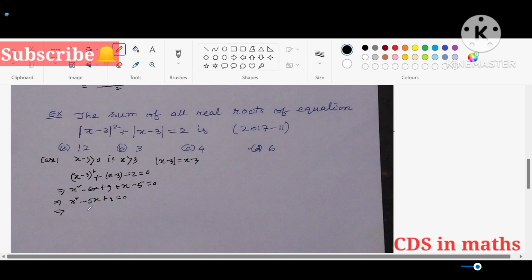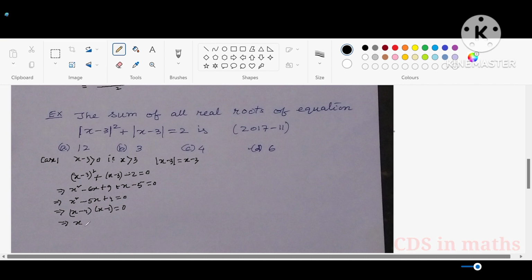Now this is a quadratic equation without mod, so we can solve using factorization. The factors will be 4 and 1. One factor is x minus 4, another factor is x minus 1, equal to 0. So two factors with product 0, one of the factors must be 0. If x minus 4 is 0, this gives x equal to 4. And if the other factor is 0, the value comes 1.